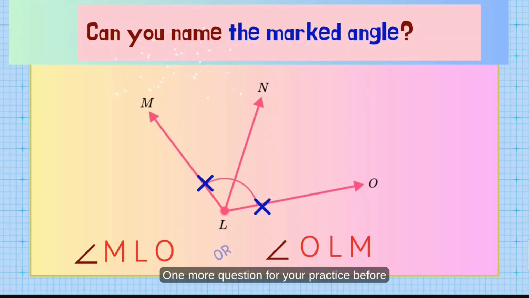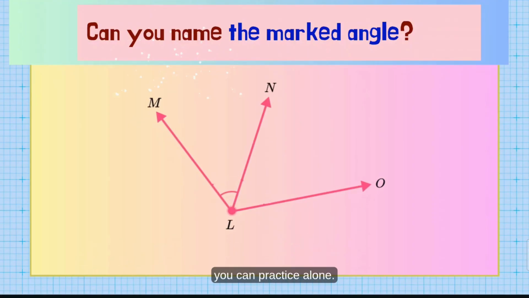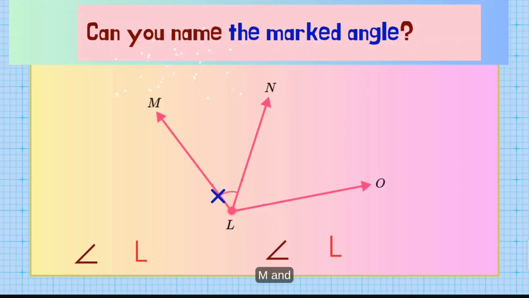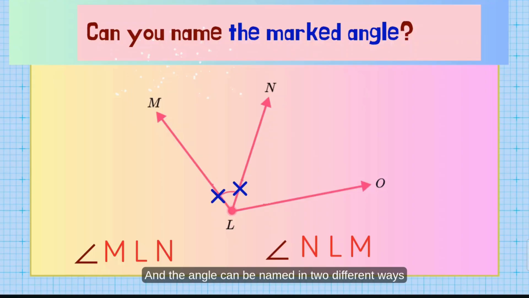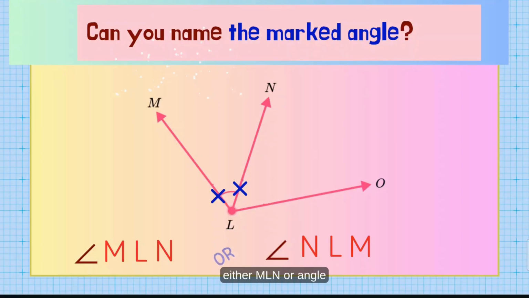One more question for your practice before you can practice alone. Can you name the marked angle? The vertex is L. So write L and then place M, and the other one is N. See, the arc is stopping at N. So M and N on either side, and the angle can be named in 2 different ways, either MLN or angle NLM.